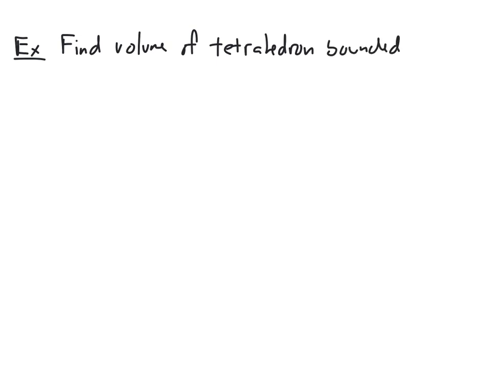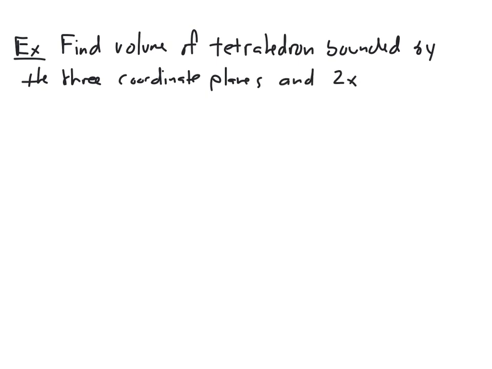For example, for our first example, let's say we wanted to find the volume of a tetrahedron bounded by the three coordinate planes and the plane 2x plus 3y plus z equals 6.